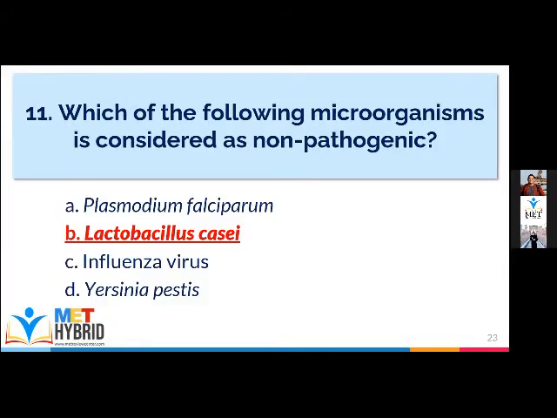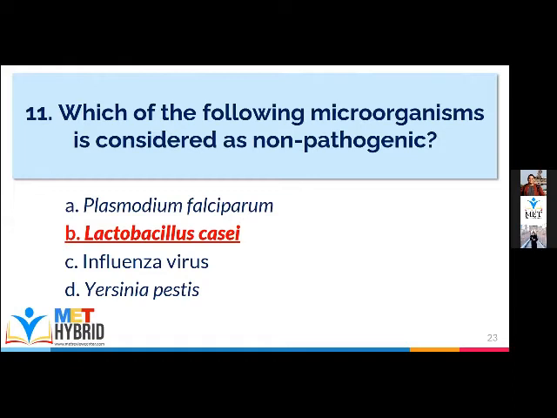For letter A, ano po yung disease that is caused by Plasmodium falciparum? What do you think is the disease caused by letter A, Plasmodium? Anyone? Wala pong nakakaalam? Plasmodium is a protozoa.